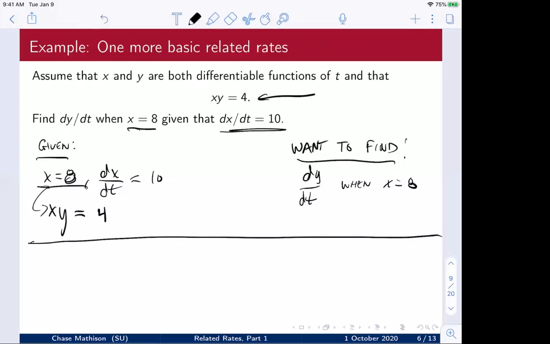Both x and y are changing in time. So we have this thing that's changing in time. We want to take the derivative to find out x prime and y prime, and then only after that we care about this at the instant that x is equal to 8. Okay. So I want to get a dy dt out of something up here, and so what should I do?